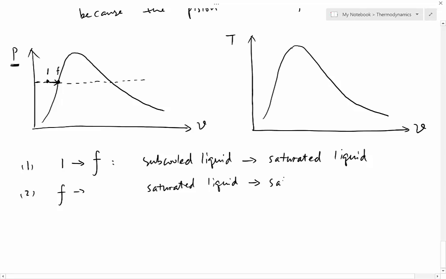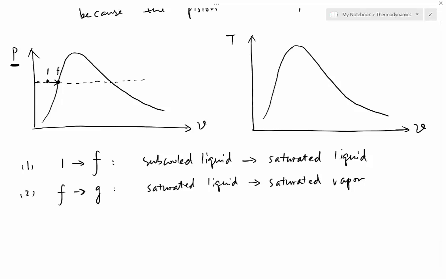It's called saturated vapor, meaning you have vapor only left. There's no liquid. It's called saturated vapor, the end of a phase change from liquid to vapor. And we have a letter for saturated vapor too. We use letter G. Okay, we call it G point for saturated vapor.